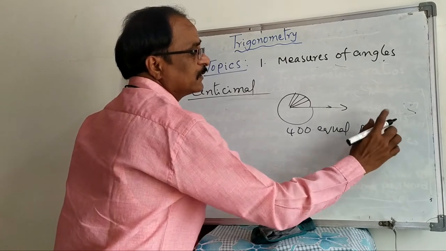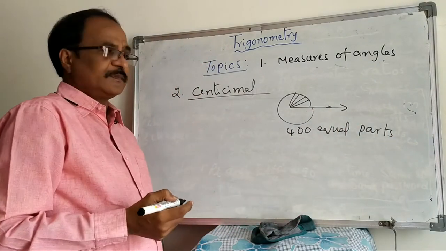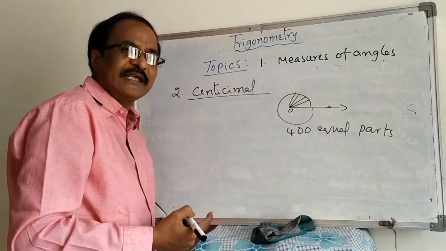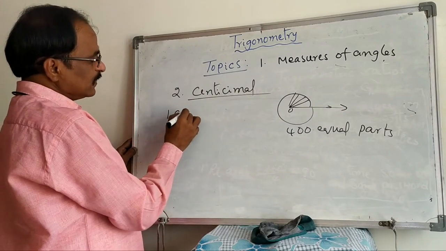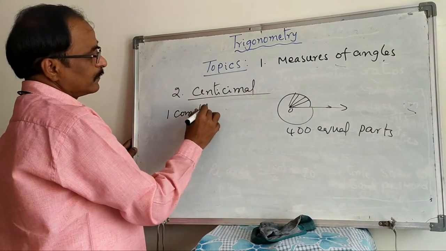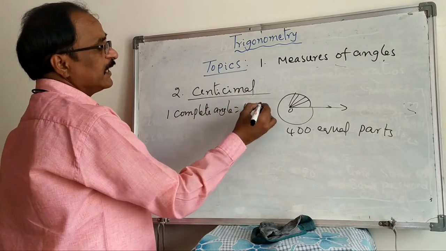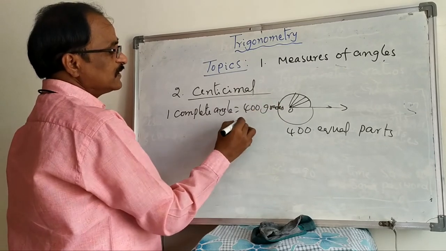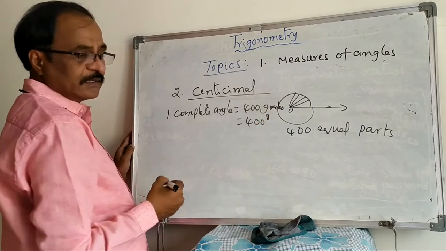Each part is called one grade. So one complete angle is equal to 400 grades in the centesimal system, denoted as 400 grades, with the symbol g.